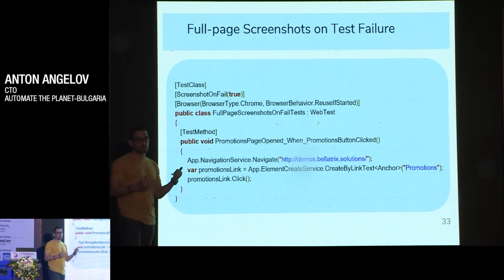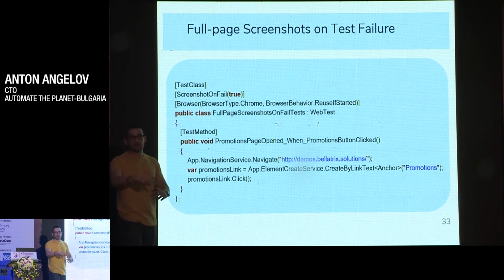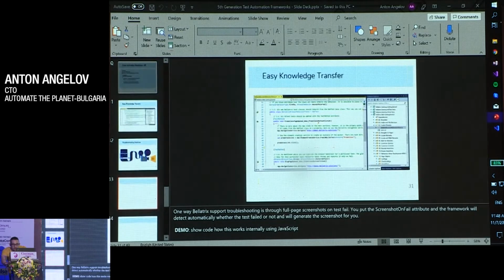Usually in these low-level libraries, they will make a screenshot only of the visible part of the screen, like a print screen. But instead, our framework uses a special JavaScript framework to create a full-page screenshot, meaning that you will see the invisible part of the screen where most websites have a scroll. So you will see the full page. And now I'll show you how we do that.